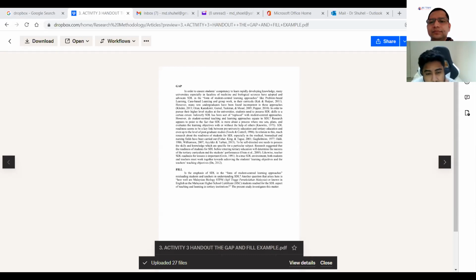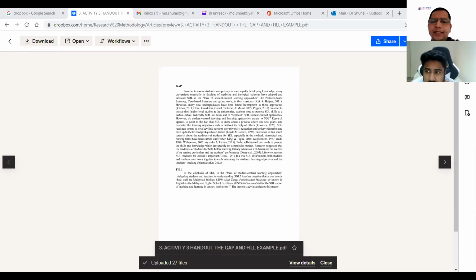Could it be where I think the line where it says the teachers and students need to work together, I mean, in terms of their learning and teaching objectives?